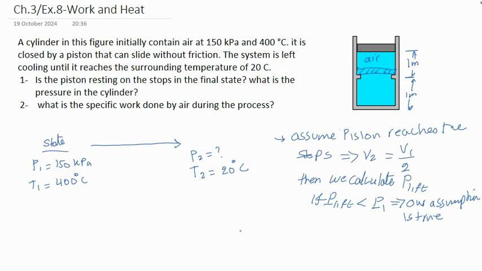So using the ideal gas law, we can find P2, which is the pressure inside the chamber at the volume V2. Doing the ratios of the ideal gas law at the two states, we end up with this relation.